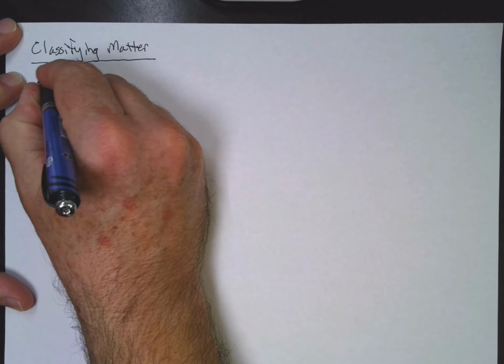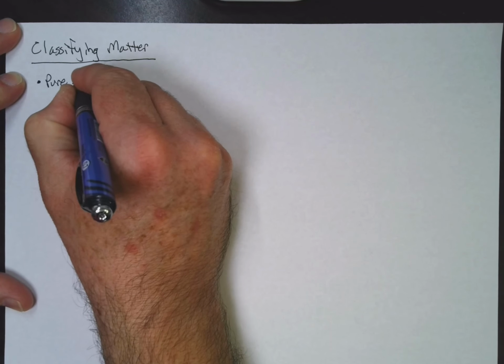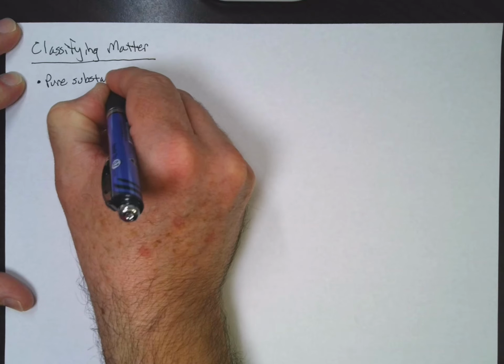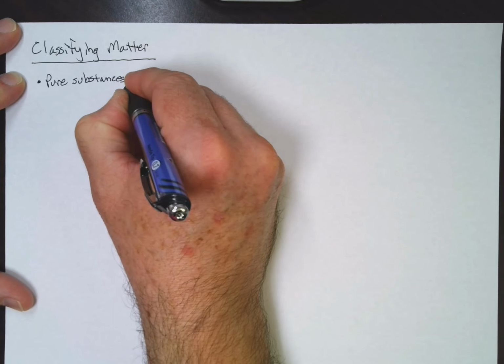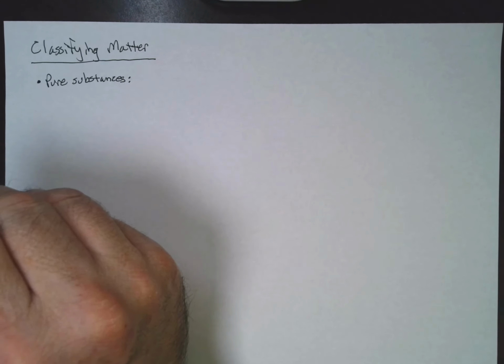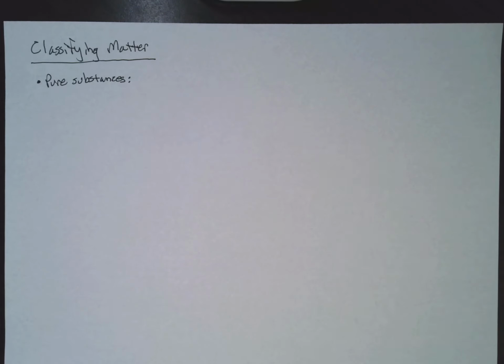We can have pure substances, and so pure substances are just that. They're pure. They have a constant composition.